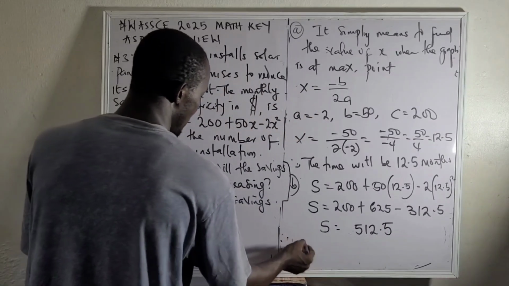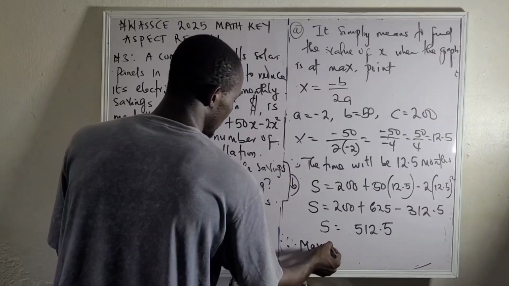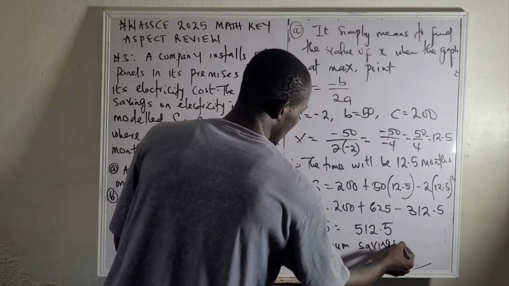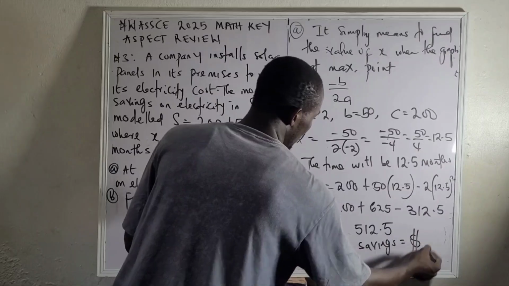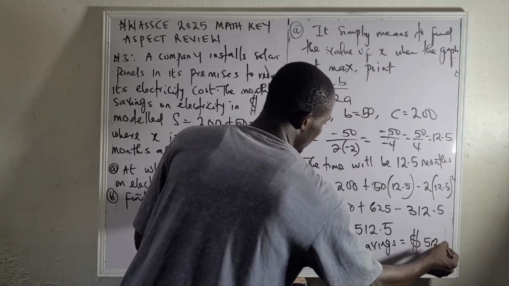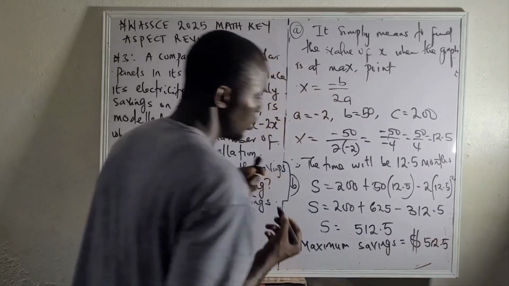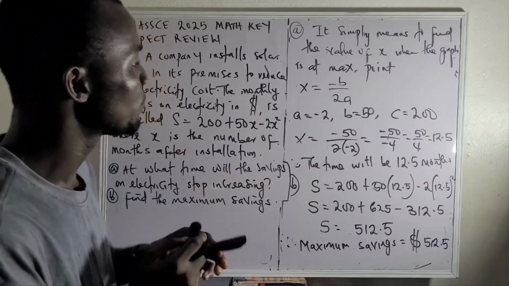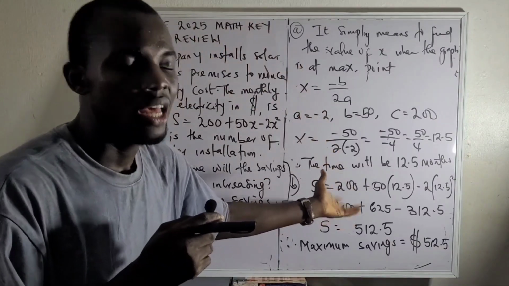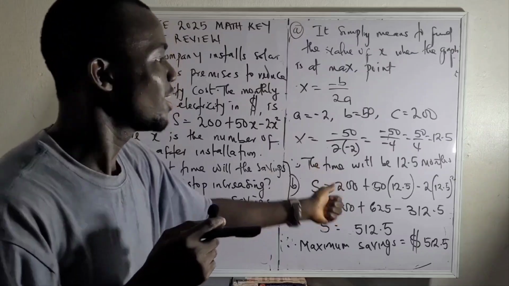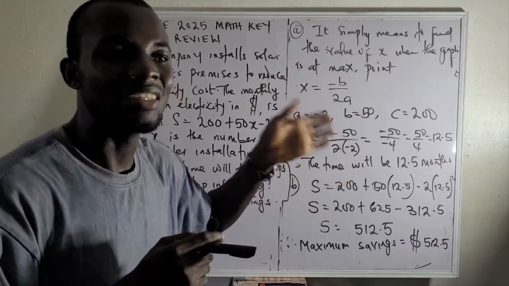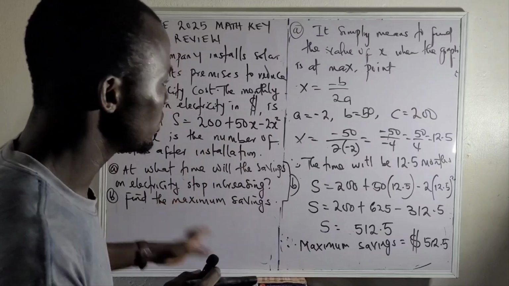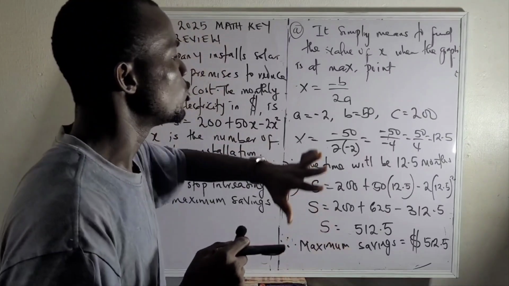So therefore, the maximum saving will be $512.5. So that is what you are going to get for this entire question. You see, it's very simple. It only implies that you apply the right understanding. Once you understand quadratic equations, everything about quadratic equations, you are good to go.